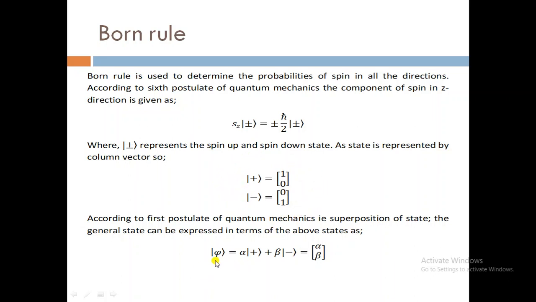So the general state is the linear combination of these two states, where alpha and beta are some constants. Plus represents the up state 1 0 and minus represents 0 1. So alpha into 1 0 plus beta into 0 1 gives alpha, beta. This is the general state.